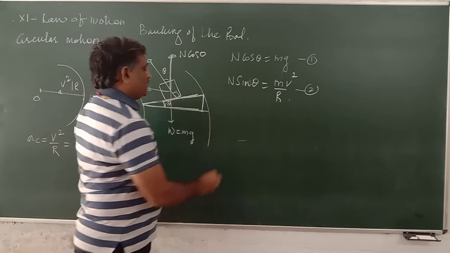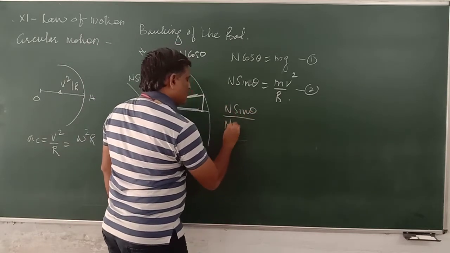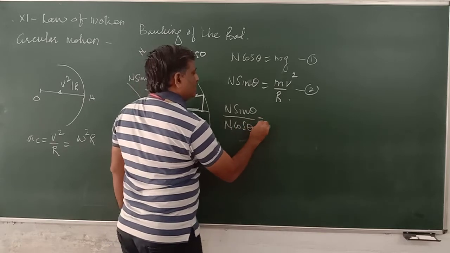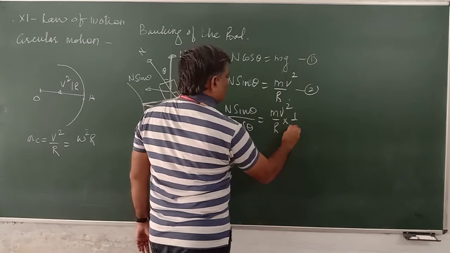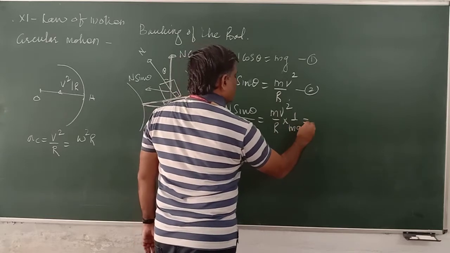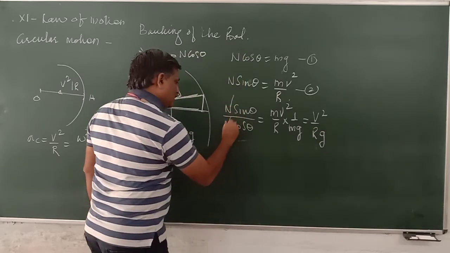Dividing this by this, so N sine theta divided by N cos theta is equal to mv square by r into 1 by mg. We get v square by rg. This N is cancelled.